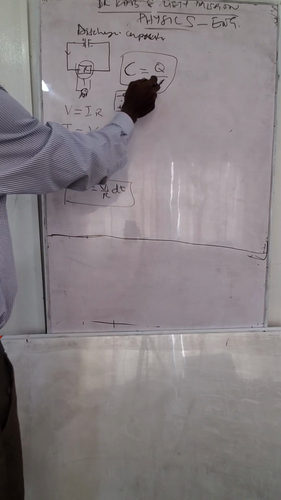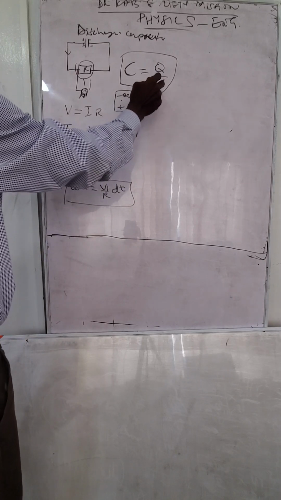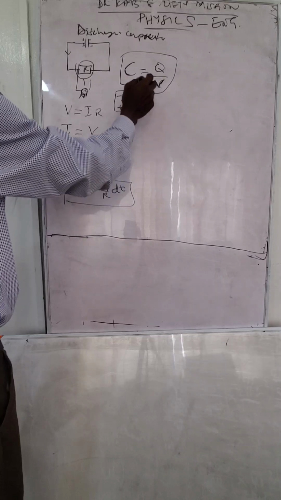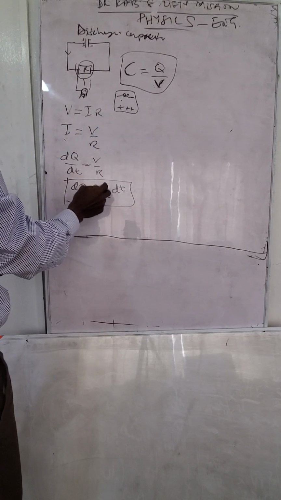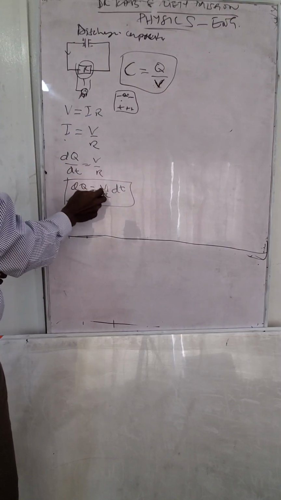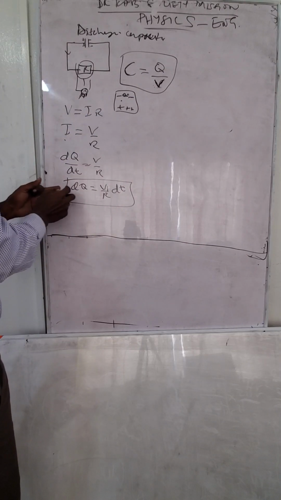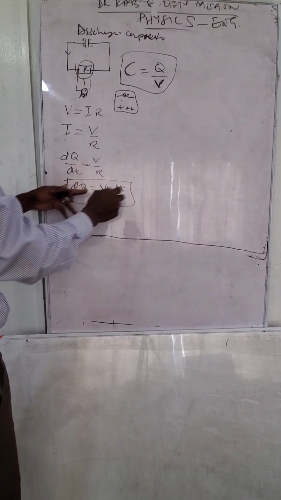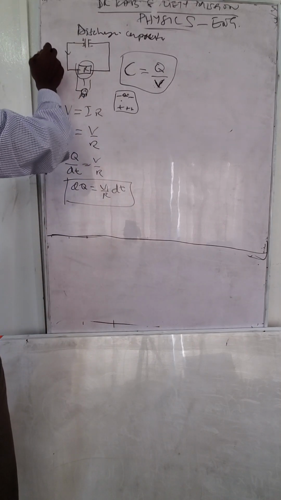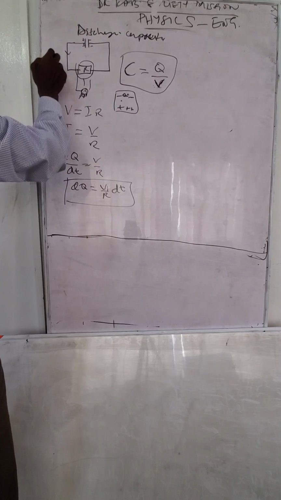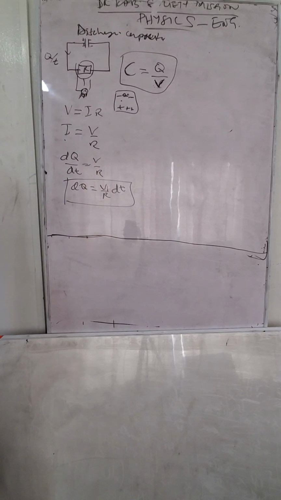So from this, if we substitute for V, we're going to have what? We want to substitute for V because we want V out of the equation and Q in there. Once we get Q, we can then differentiate this equation and connect charge with time, because as it's discharging, it is discharging electrons against time. So that is the equation that will come into the picture.